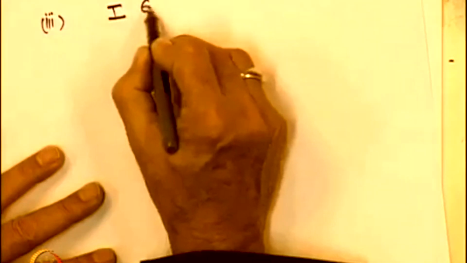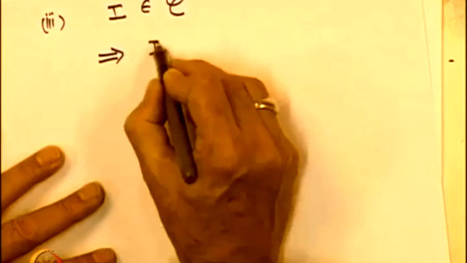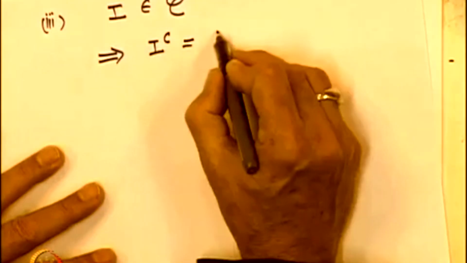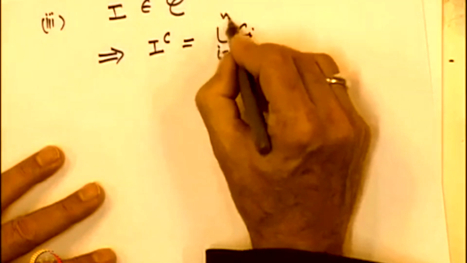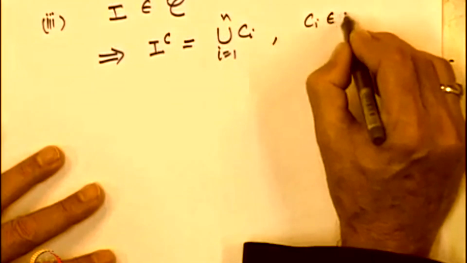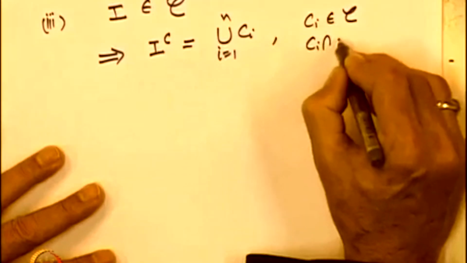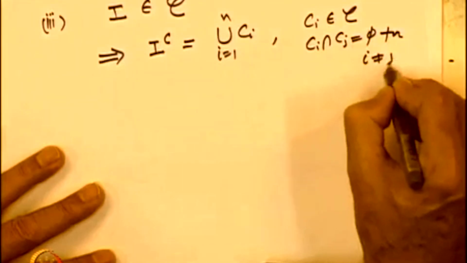Let us look at the third property, which is crucial. The third property that we want to verify is, if I is an interval, I should look at the complement of that interval and should be able to write it as a union of Ci, i equal to 1 to n, where Ci's belong to C and Ci intersection Cj is empty for i not equal to j.